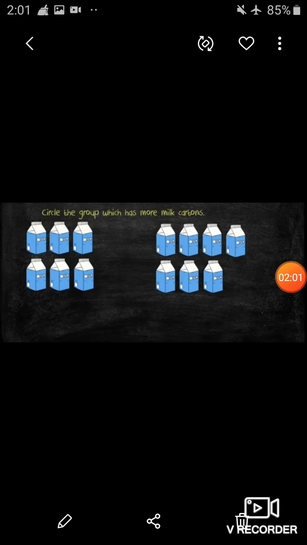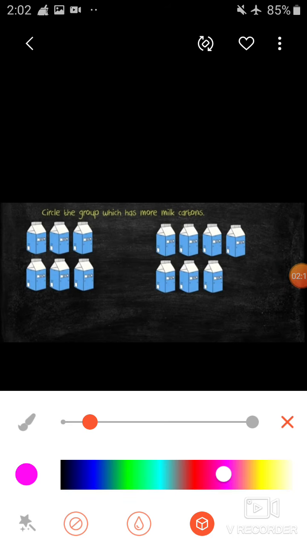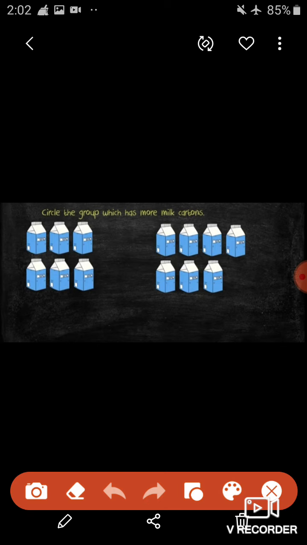Students, first of all, look here. Circle the group which has more milk cartons. There are two groups. You have to circle the group which has more milk cartons. So let's count the milk cartons in both groups.